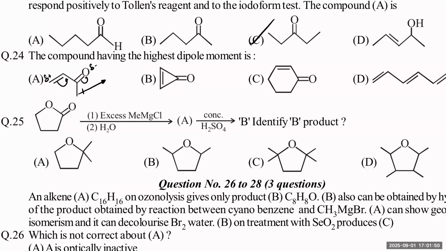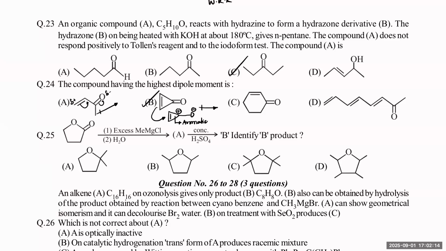But the most dipole will be in the B group, because here, if I keep a complete positive and complete negative charge, then the ring will become aromatic. That's why this compound will exist in this way, which means it will have a high dipole moment. So aromatic is the cause here. Clear? Next one.